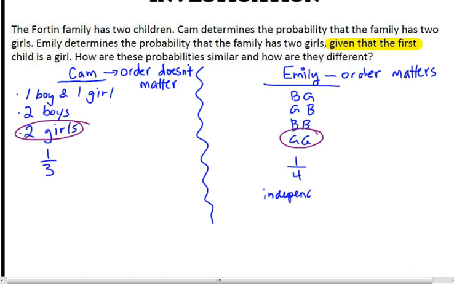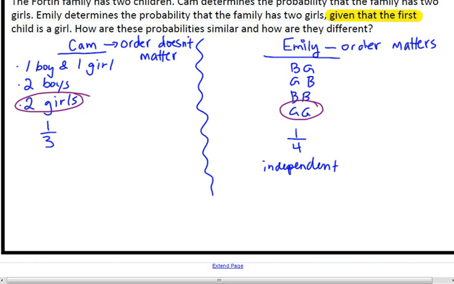So another way you could have calculated it: what is the probability of having your first child as a girl? 50%, 1 out of 2. What is the probability of now having your second child as a girl?